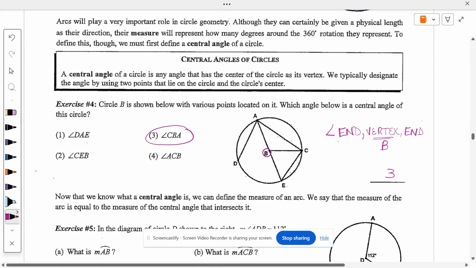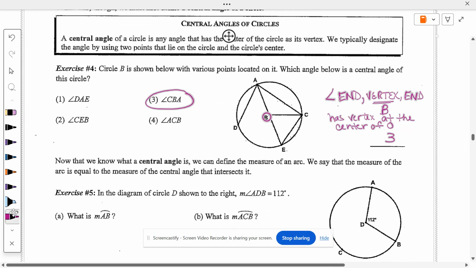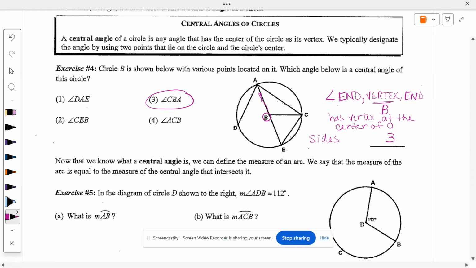So it has the vertex at the center of the circle. Its sides also are radii. That's another key feature of a central angle.